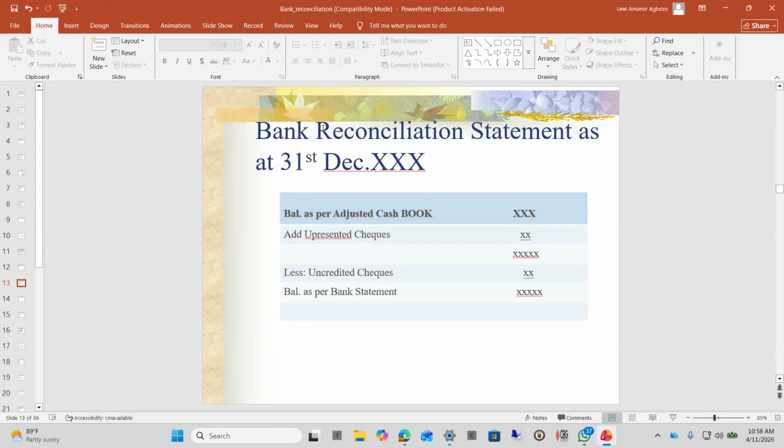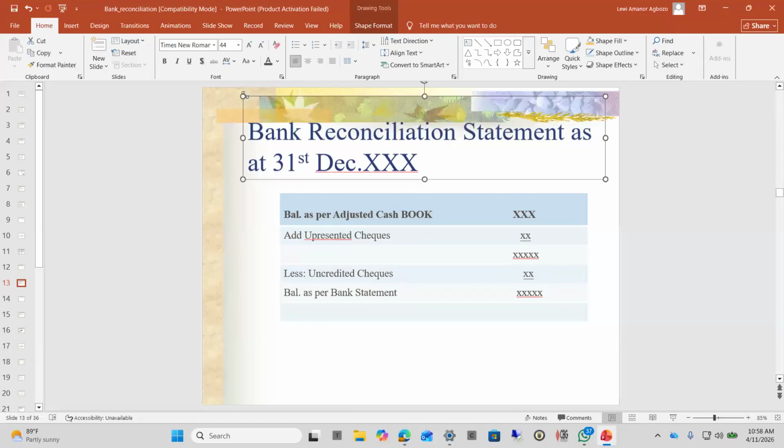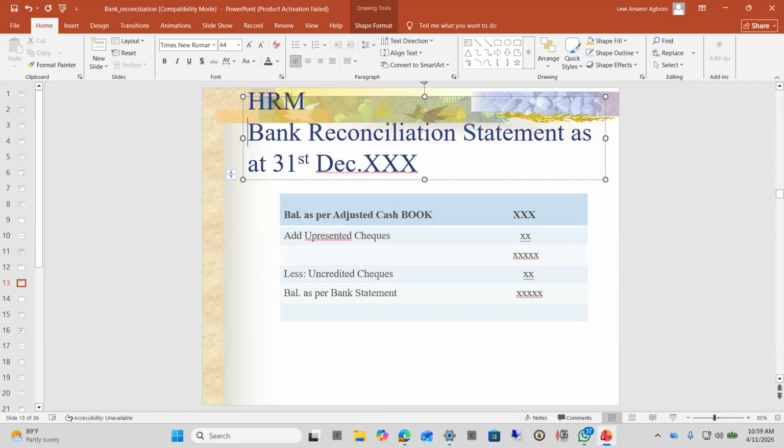A simple format. Maybe what you need to do is to put the name of the organization. So let's say the name of the organization is HRM. So you put HRM, bank reconciliation statement as at 31st December, maybe 2026.